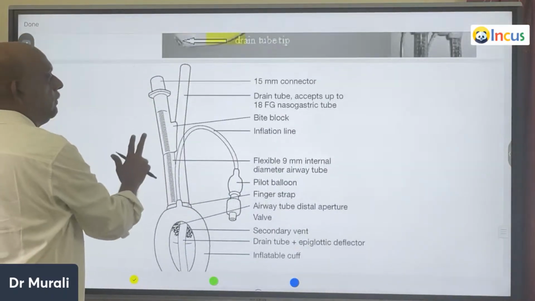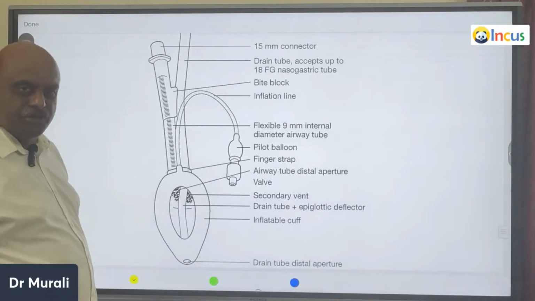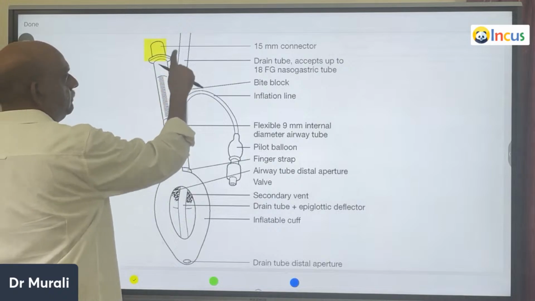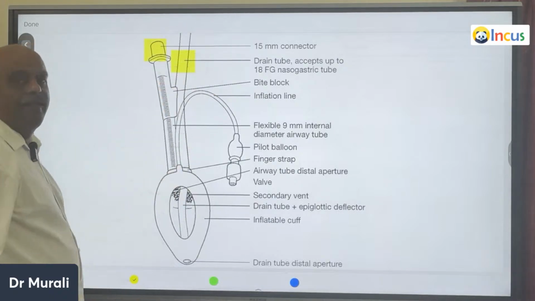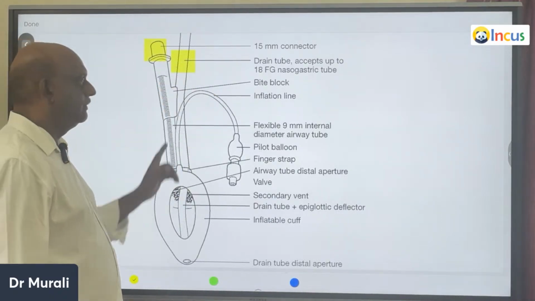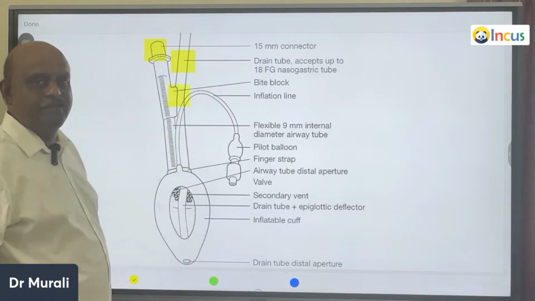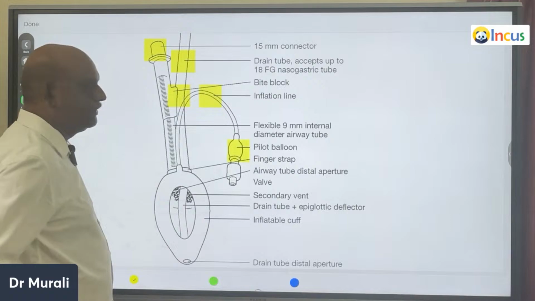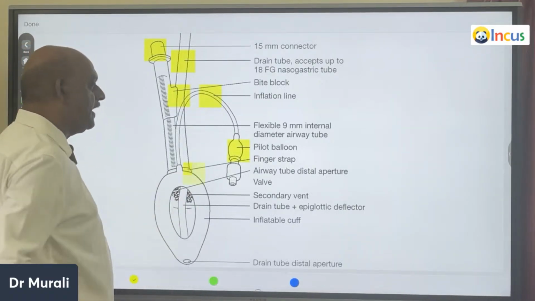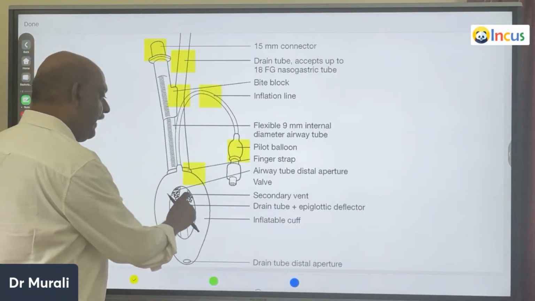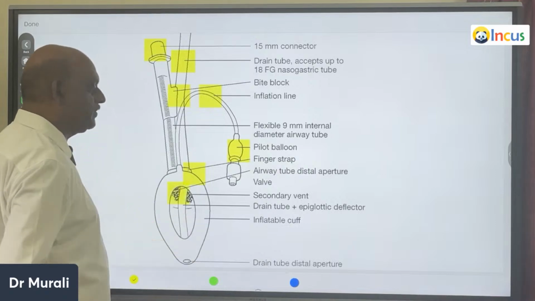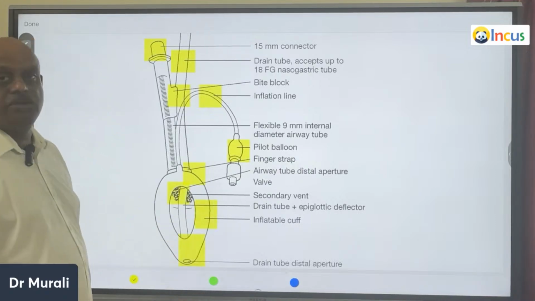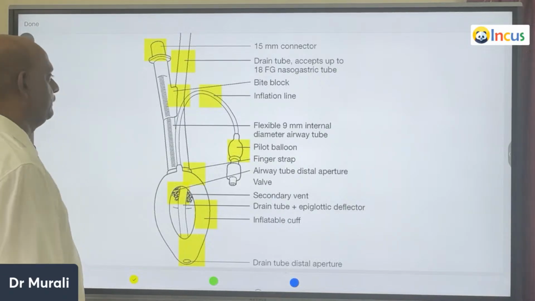So once more, tomorrow's exam they will give this. You should know there is a 15 mm connector, a drain tube which accepts the 18 French Ryle's tube. There is a bite block, inflation line, pilot balloon, finger strap, airway tubes, distal aperture, inflatable cuff and distal aperture of the tube.